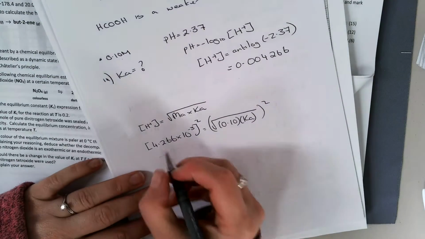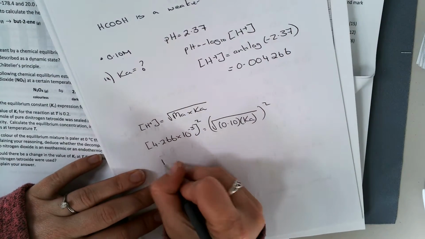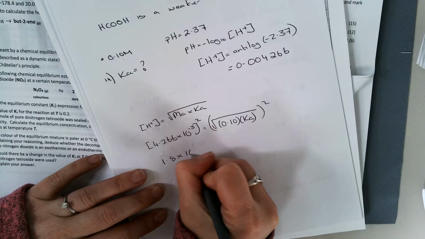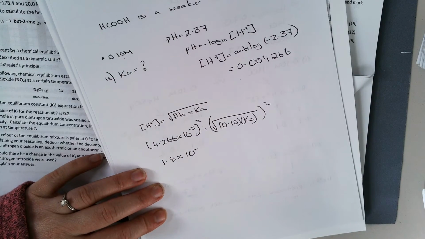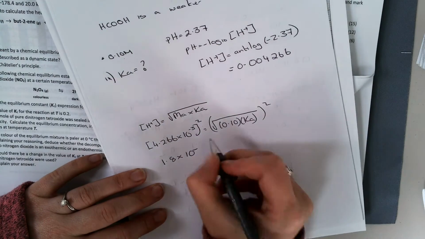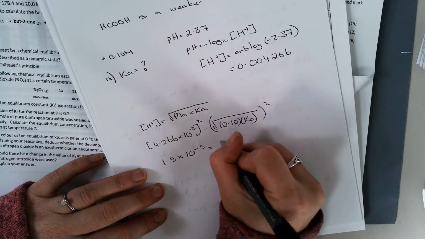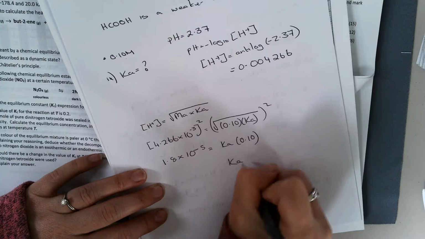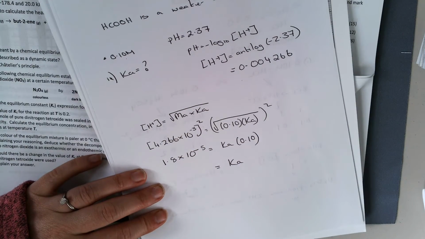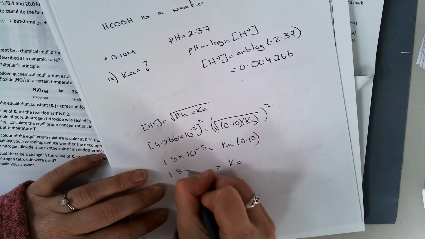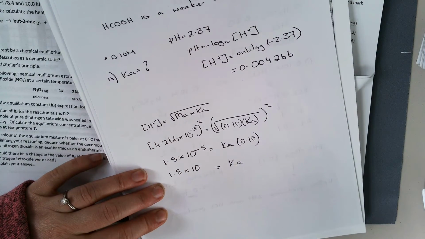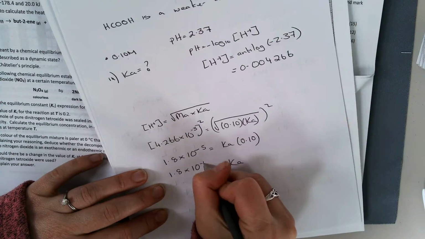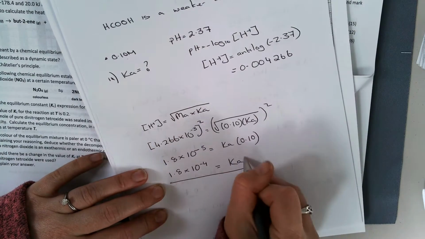When I square my H+, I get 1.8 by 10 to the minus 5, and then Ka by 0.10. I divide both sides by that, and that gives me an answer of 1.8 by 10 to the minus 4. So that here is my value for Ka.